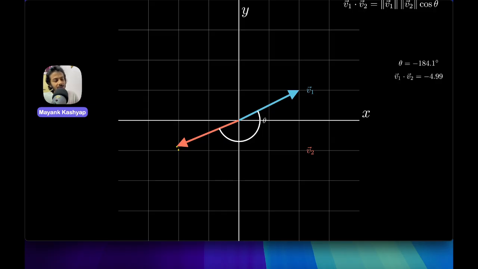So geometrically you can understand that the dot product is giving you the value of how similar the directions of the two vectors are, as in which direction the two vectors are pointing, how near those directions are.